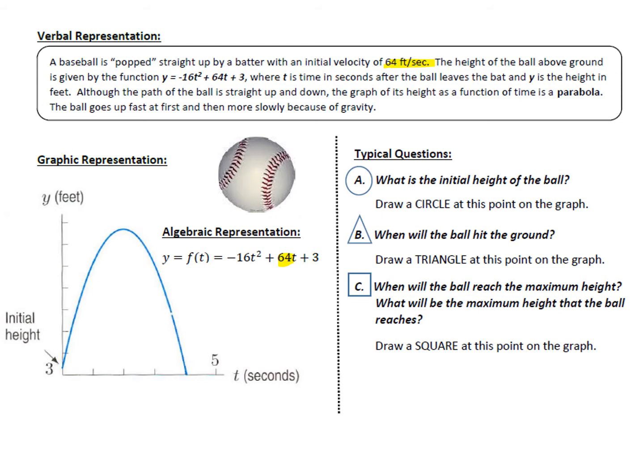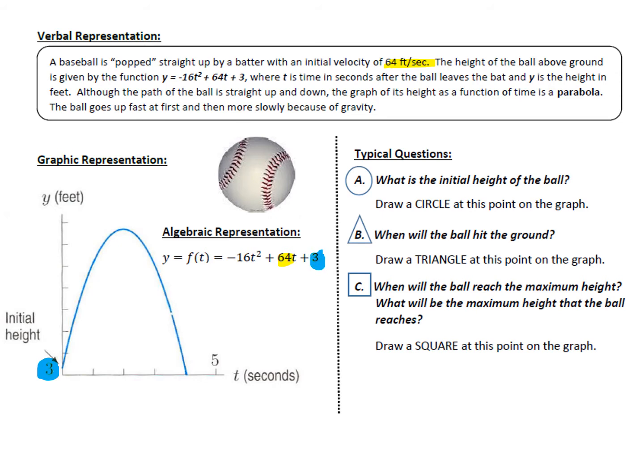If you look at the picture, and again, this has already been graphed for you, you could graph this using Desmos, or for those of you that have your own graphing calculator at home, you could set up your window to match this picture. But if you notice here, it talks about the initial height being 3. So I'm going to highlight that here, this initial height of 3, and we can see that shows up in the equation as the constant.